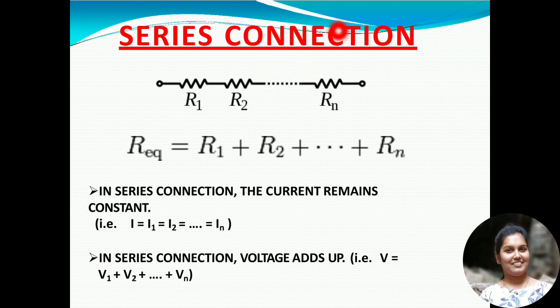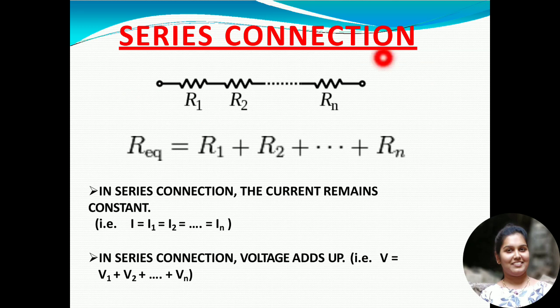We call this kind of connection a series connection. When you connect resistors this way in any circuit, the value of resistance will increase. That is, in a series connected resistor circuit, the total resistance will increase.